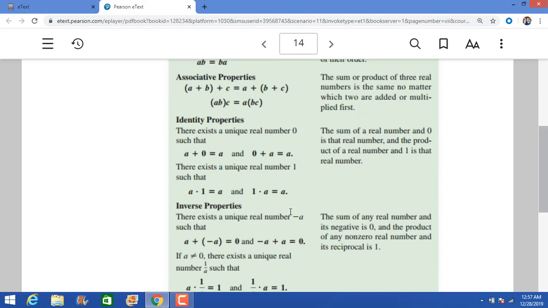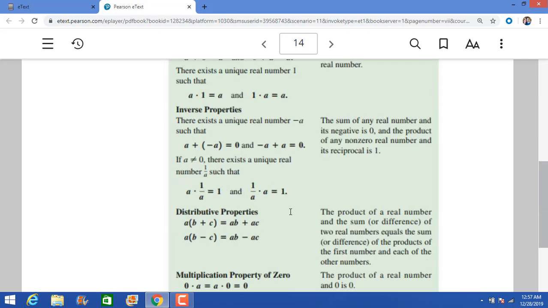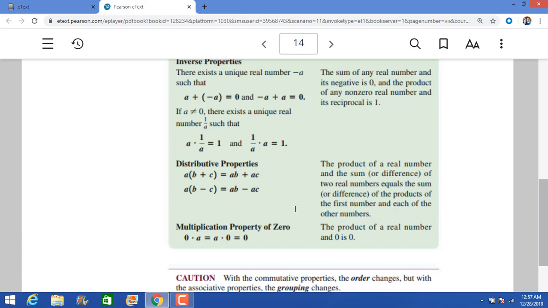Okay? Now, inverse properties. How do inverse properties work? Well, there has to be an additive inverse and a multiplicative inverse. When we're talking about addition, if there exists a number such that we can add another number to it and we get the additive identity, that's the inverse.